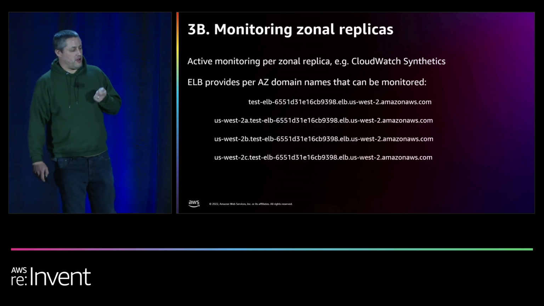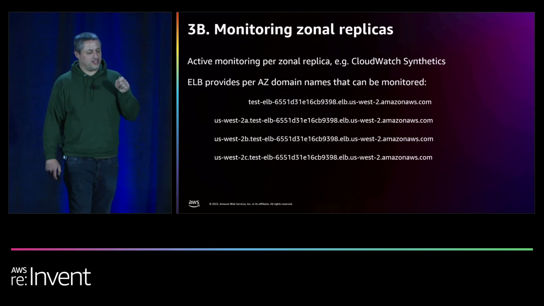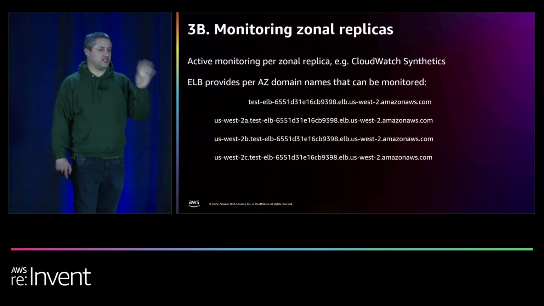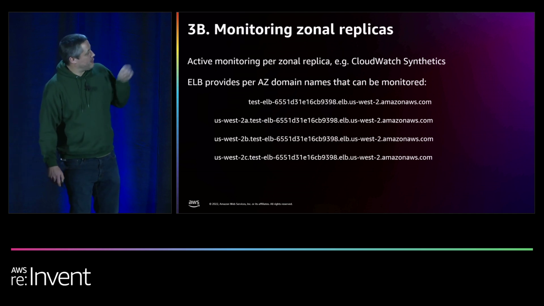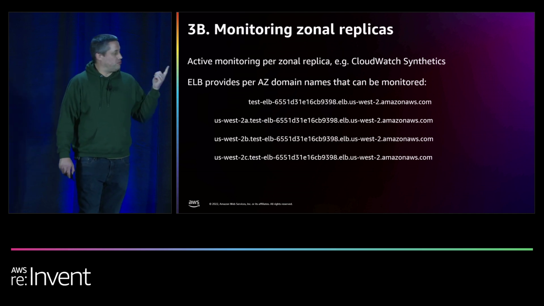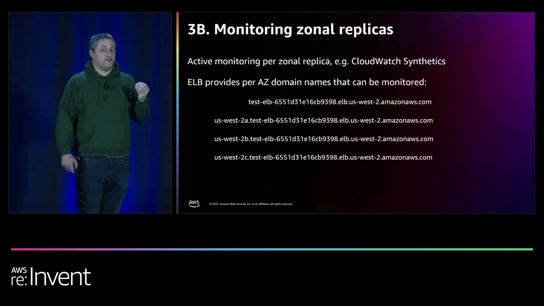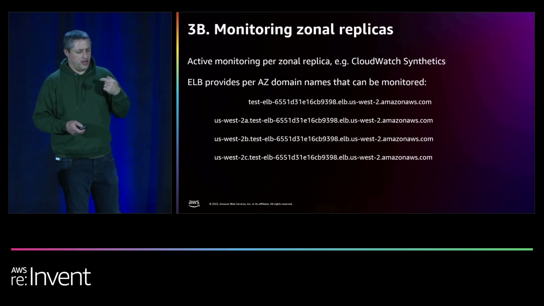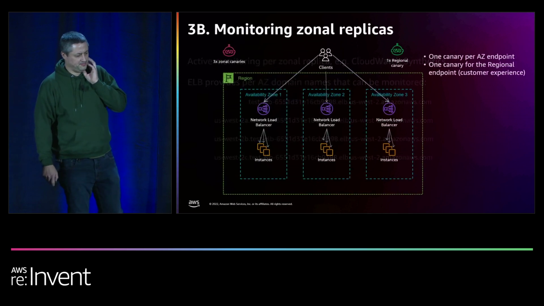But they also provide these zonal DNS names. So if you want to run a canary against AZ A only and just see how well requests in AZ A are working, you can use that second line, and the same for 2B and 2C. So you can actually run canaries against each AZ individually and compare them. And I'll show in a picture in a minute or two how beneficial that is.